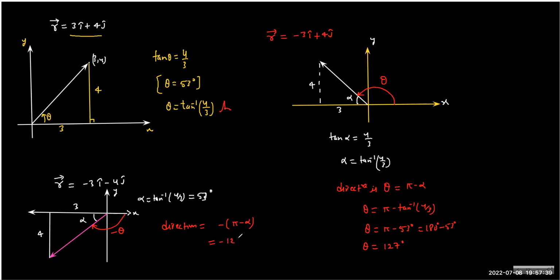Minus 127 degrees. Or if you're not a fan of angles less than 180, you can write plus 180 plus 53, which is how much? 233, right?